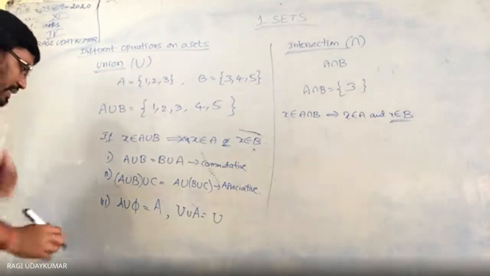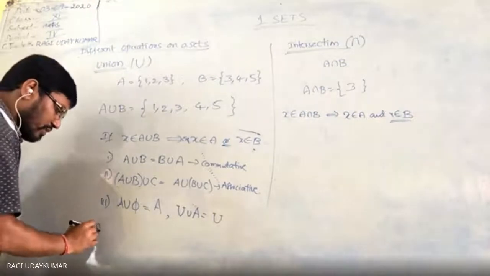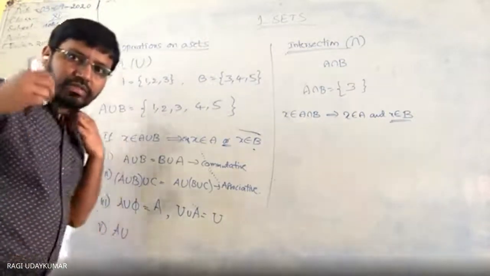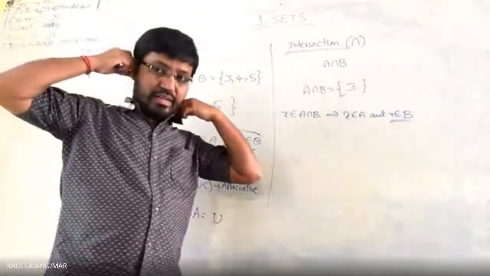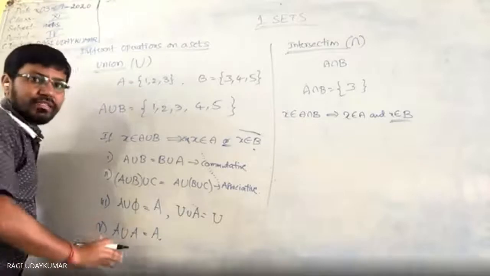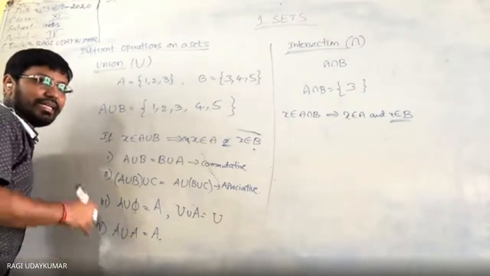The next one is A union A. A union A is equal to A. This is very important and it has a different name.